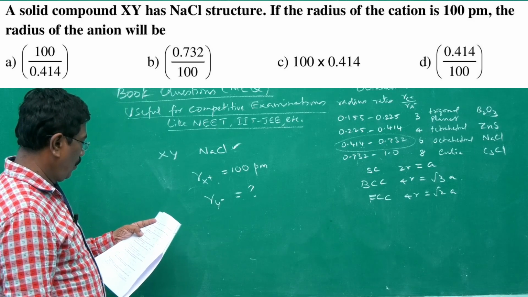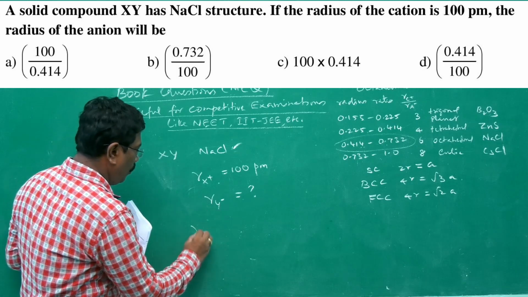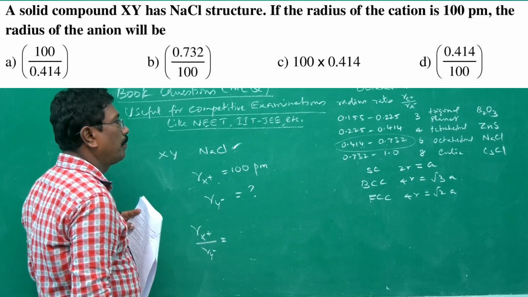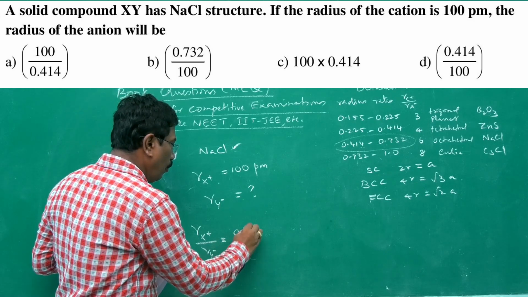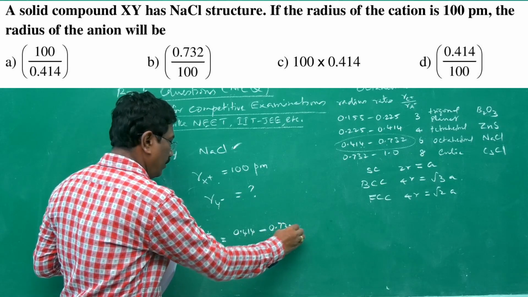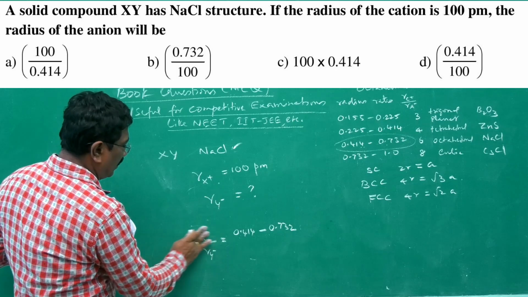So the question is, radius of anion is asked. We know that Rx plus by Ry minus is equal to maybe 0.414 or 0.732, within that we should get. And it is given as 100.